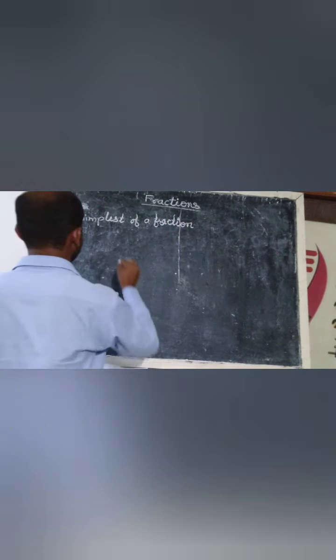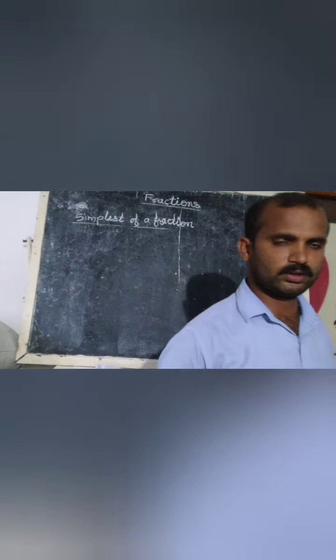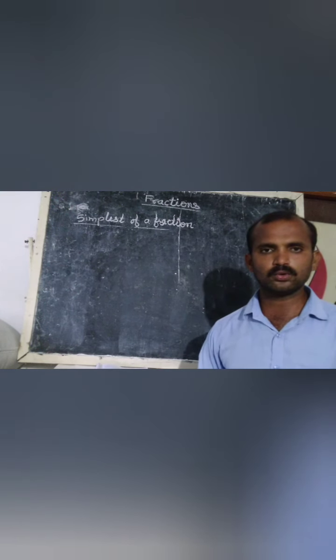Write down this heading in your notebook. I hope when you are watching these videos, you are sitting with your textbook and notebook, so you can note down what is being taught in front of you. So the next part, simplest form of a fraction.